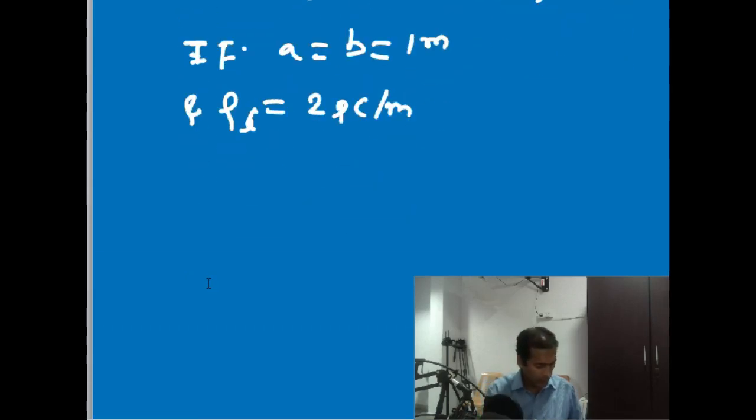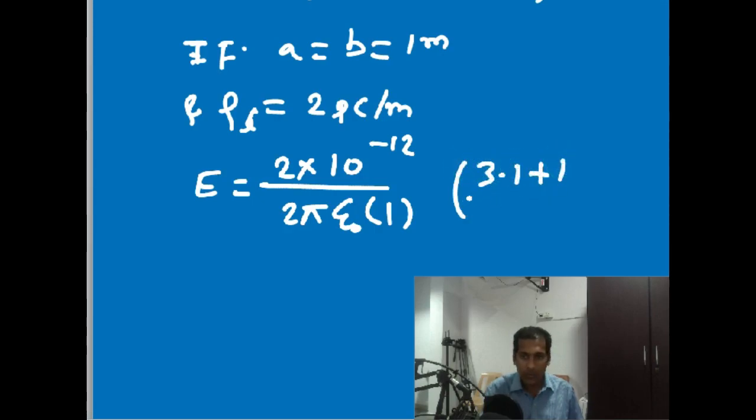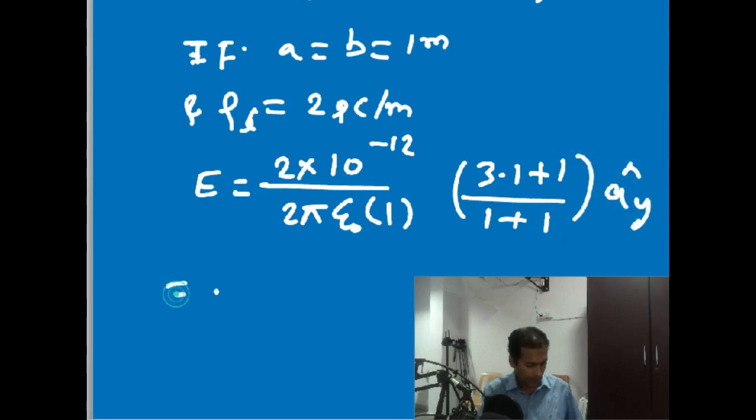The electric field intensity will be equal to 2 into 10 to the power minus 12 divided by 2 pi epsilon naught. A is 1, then 3.1 plus 1 by 1 plus 1. The direction is ay cap.